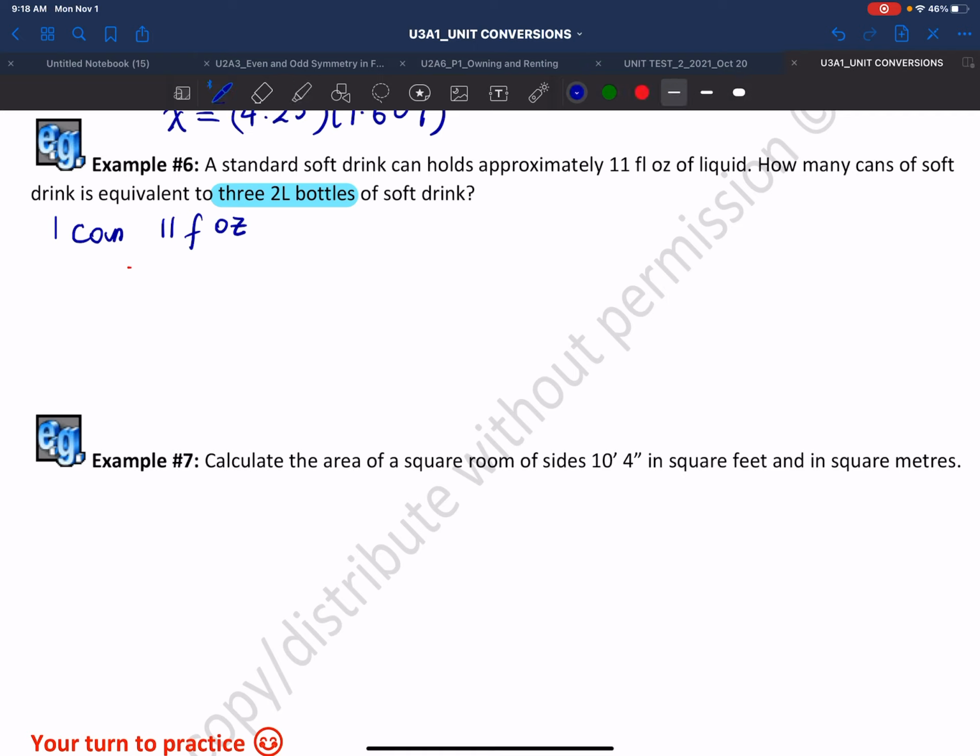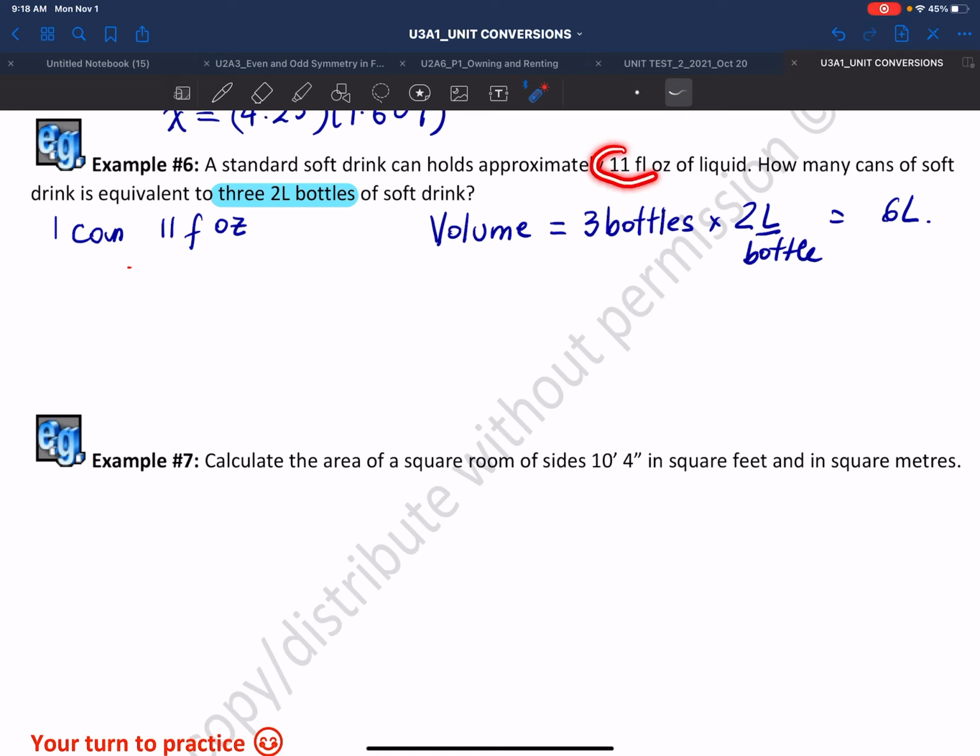There are 3 bottles of 2 liters each. So the volume of the bottles would be 3 bottles times 2 liters per bottle is 6 liters.